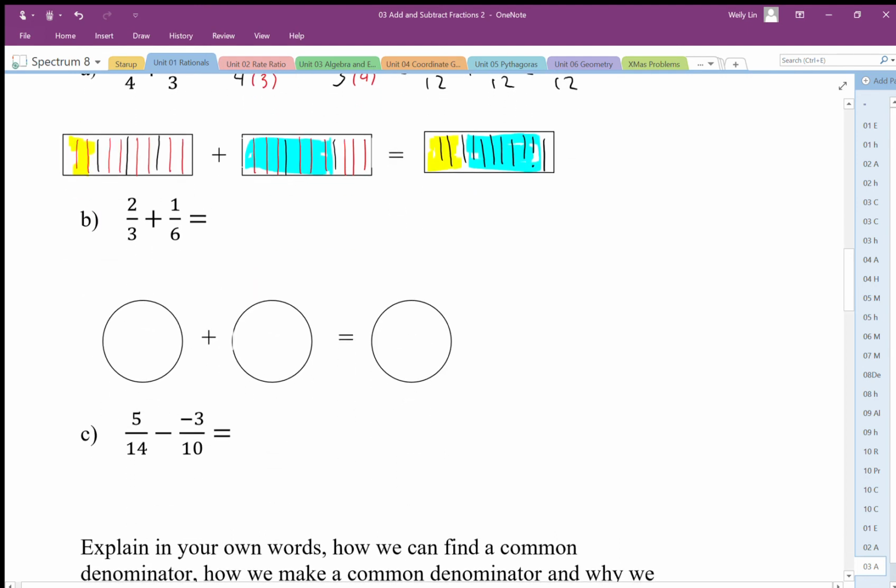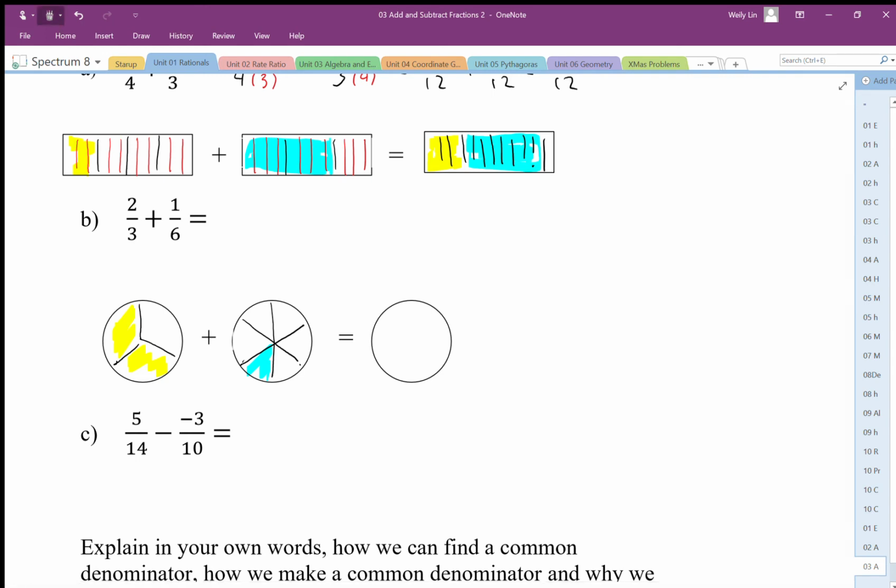So again, we're going to do the same thing here. We have circles this time. Okay, we have 2/3 and 1/6. I'm just going to shade in my 2/3 here. Okay, I'm going to shade in my 1/6 here. Okay, we need a common size piece.